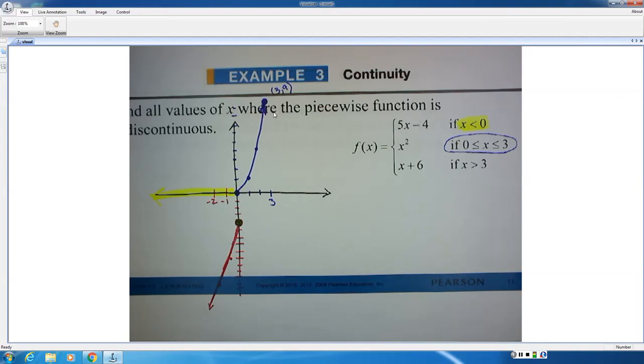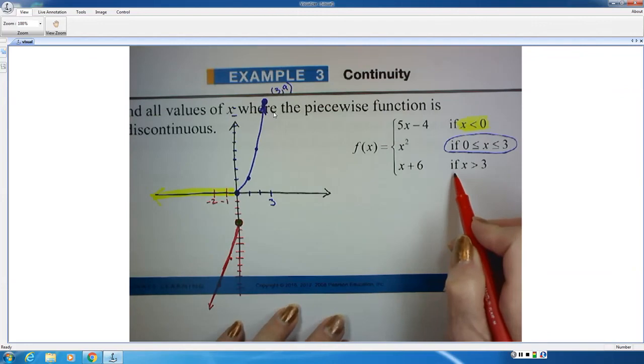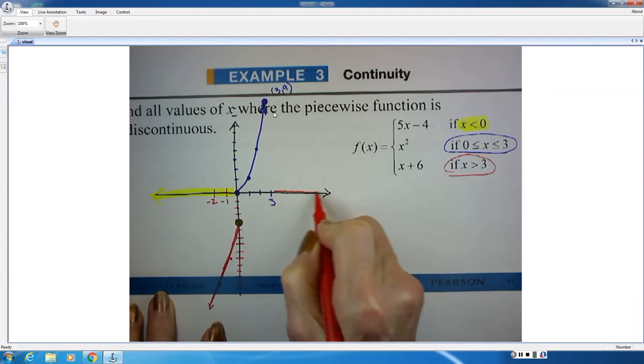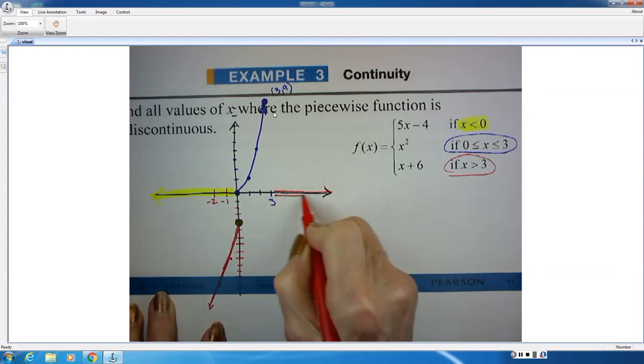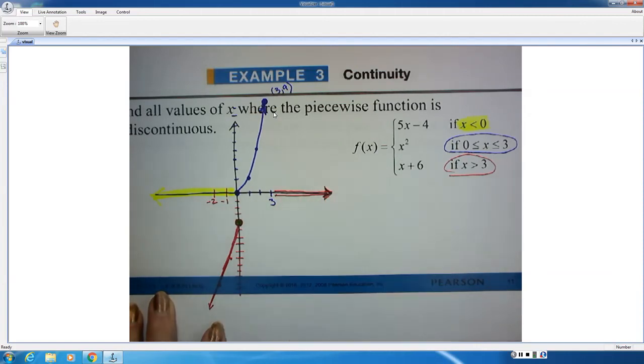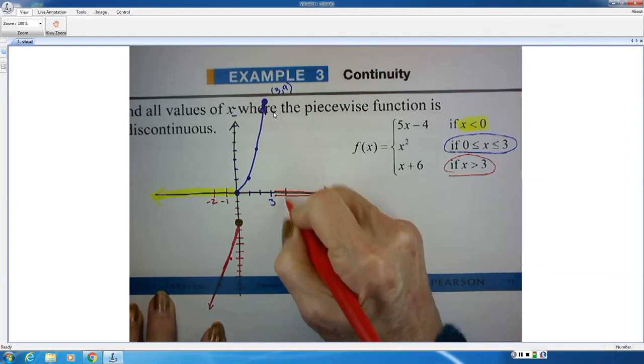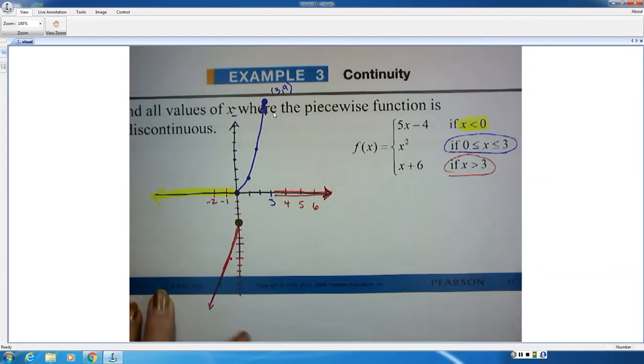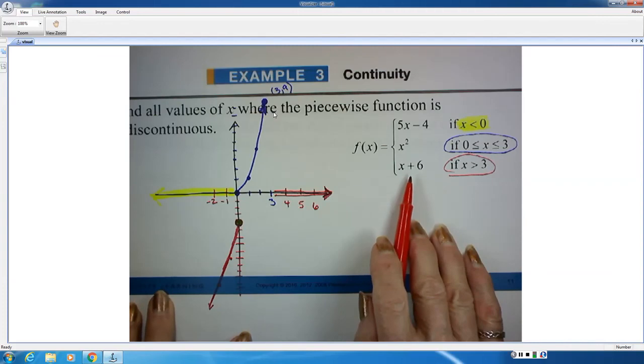And then it switches gears again. It drops down, and it says, for any number you want to plug in that's more than 3, that's everything out here, numbers like 4 and 5 and 6 and so on, add 6 to the input.